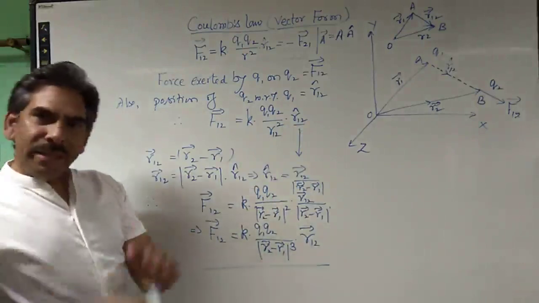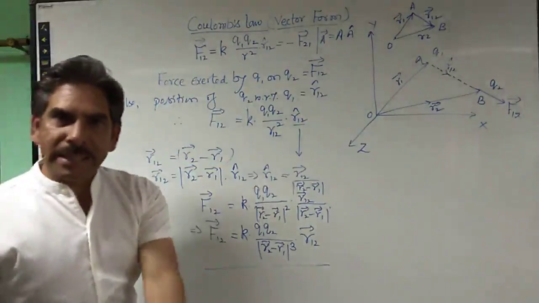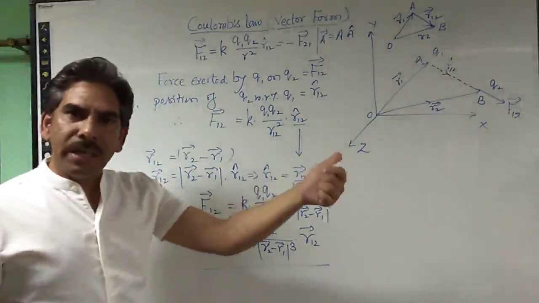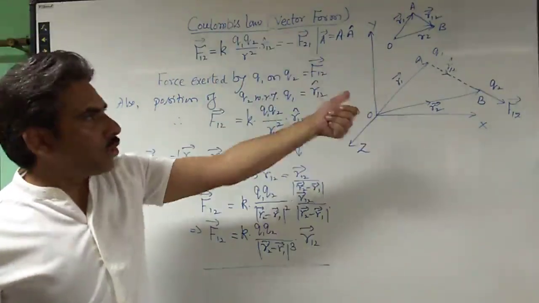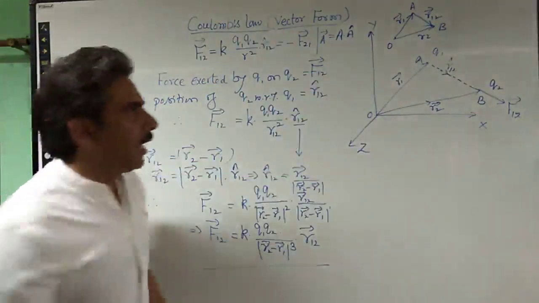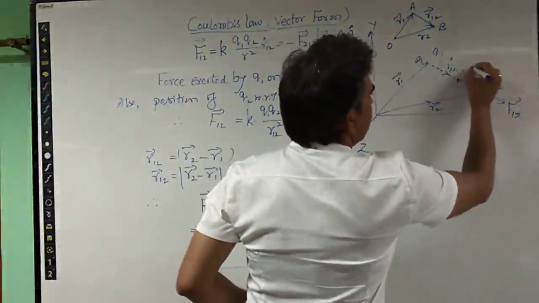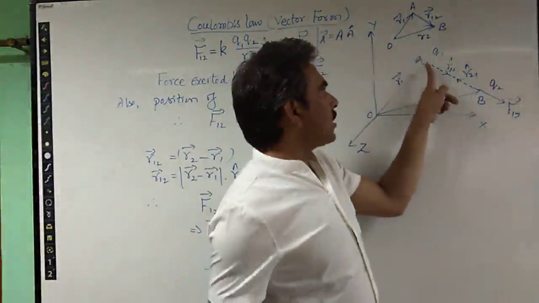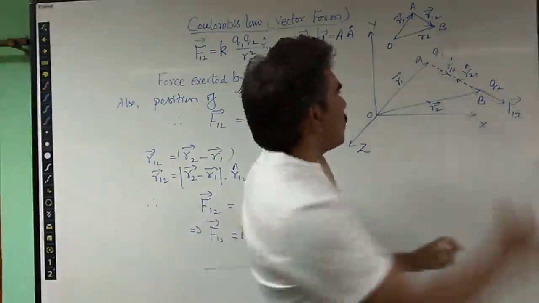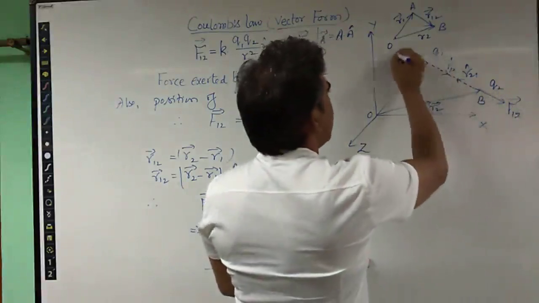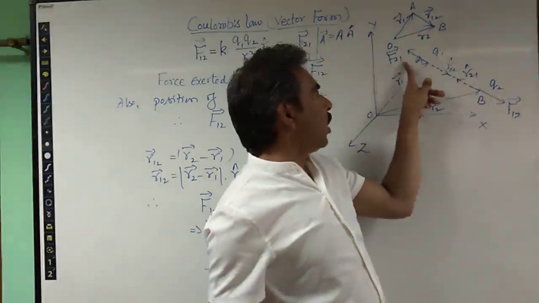Right? In a similar manner, you can take the charge Q2 as the reference point, who is exerting the force on charge Q1. In what direction? Away from charge Q2, in the opposite direction, and the position of charge Q1 with respect to Q2 as R21, which is directed towards charge Q1 from charge Q2, because now charge Q2 is exerting the force, and the direction of force is F21, the force exerted by charge 2 on 1.